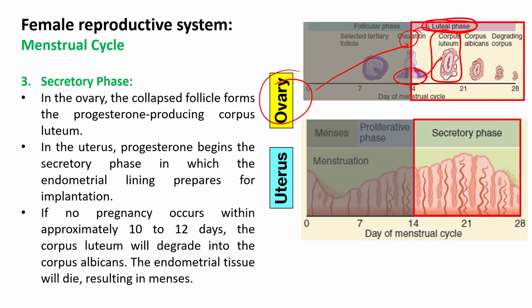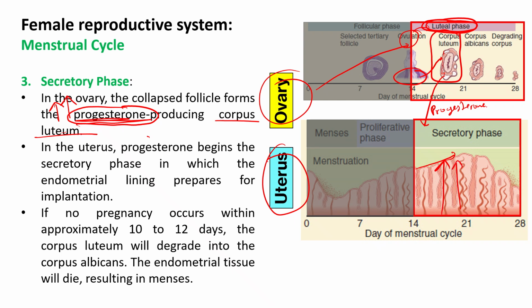All the cells of the corpus luteum will produce hormones, but now instead of estrogen, the hormone that will be more elevated is progesterone. As you can see here, progesterone produced by the corpus luteum is what stimulates this phase in the uterus.